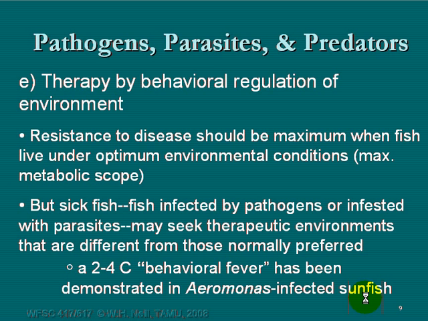So finding otherwise optimum environmental conditions should be really at a premium if you're under attack by something. But the thing that I don't think occurred to folks initially is that if fish are sick, then maybe they ought to go to subsets of environment that would otherwise not be optimal, if in fact that confers some advantage to the host over the cause of the illness.